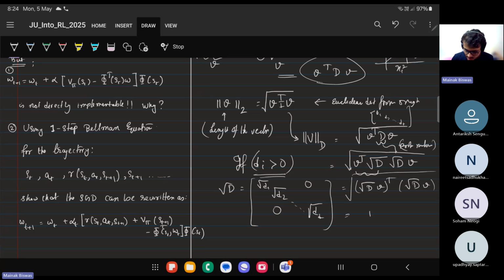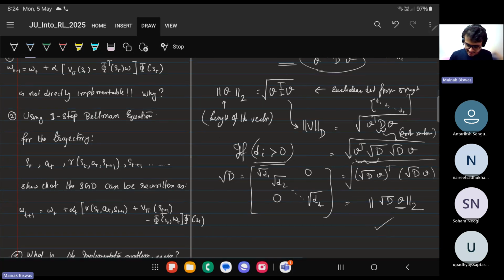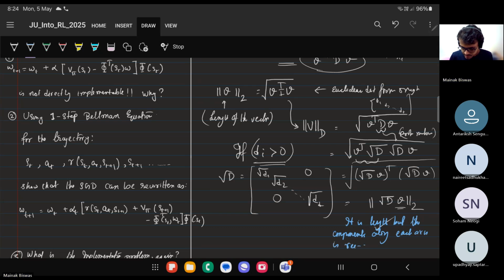So this is nothing but the L2 norm of this. Correct? So this is basically nothing but the length, but the components along each axis are readjusted.